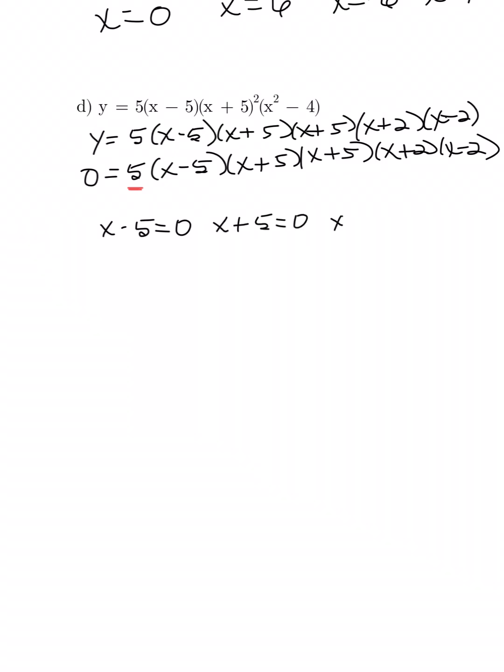Then we have x plus 2 equals 0, and x minus 2 equals 0. So the zeros of this polynomial will be x equals 5, x equals negative 5, x equals negative 2, and x equals 2.